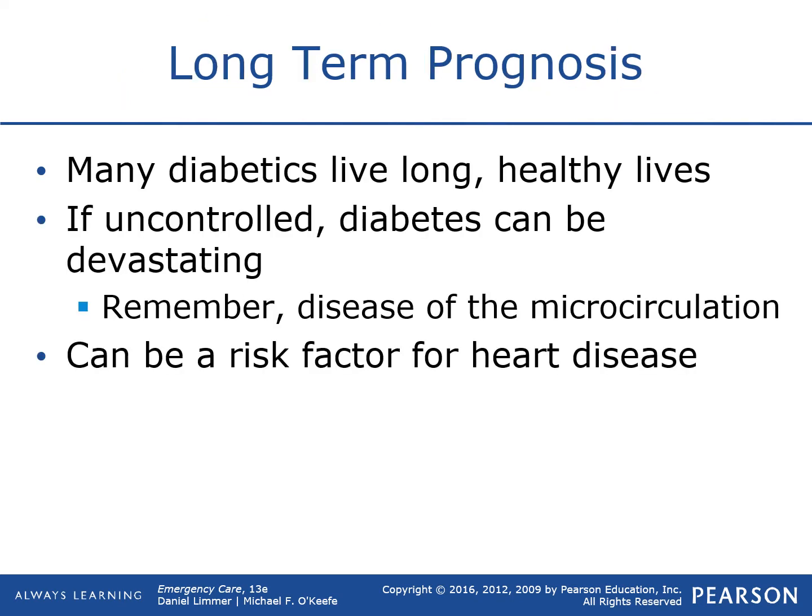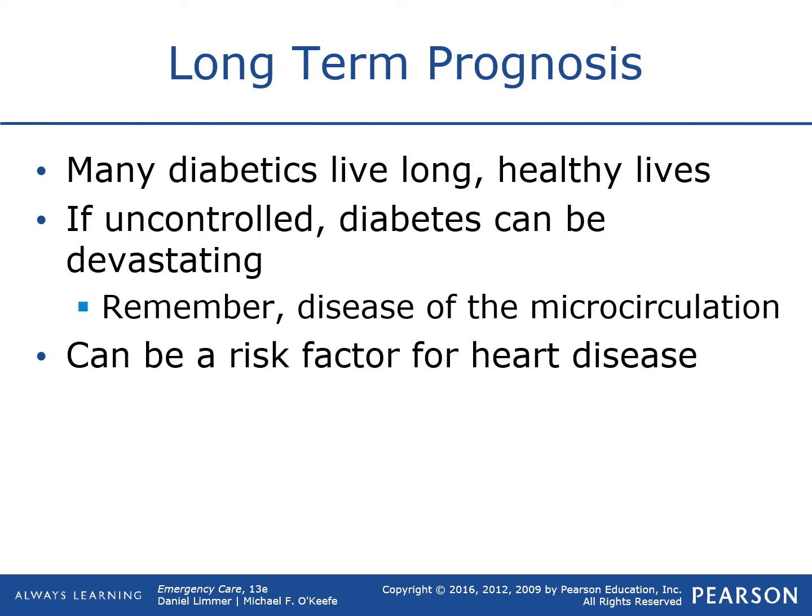So if you're diagnosed with diabetes, most diabetics live very long, healthy, happy lives. Most diabetics are controlled easily by diet, exercise, and maybe some medications. But if you do not control your diabetes, if you're not compliant with your medications, it can wreak havoc on your body.